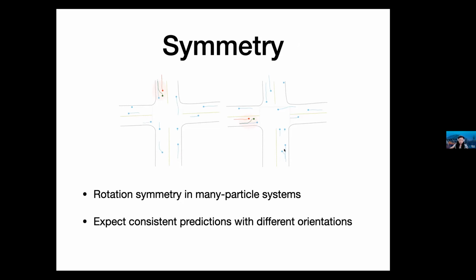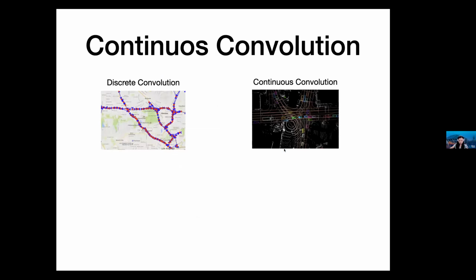So we start with a type of convolutional architecture called continuous convolution. Different from the discrete convolution in the image field, continuous convolution is designed for point clouds. Or rather, it is related to graph neural networks, but we don't have to get into that today. Discrete convolution, as I said, works with a grid or a graph that is fixed.